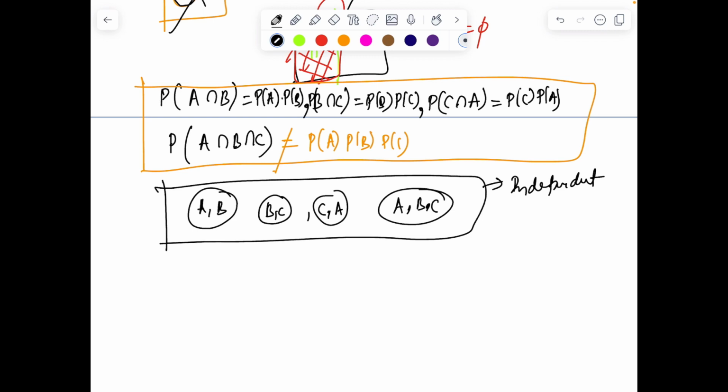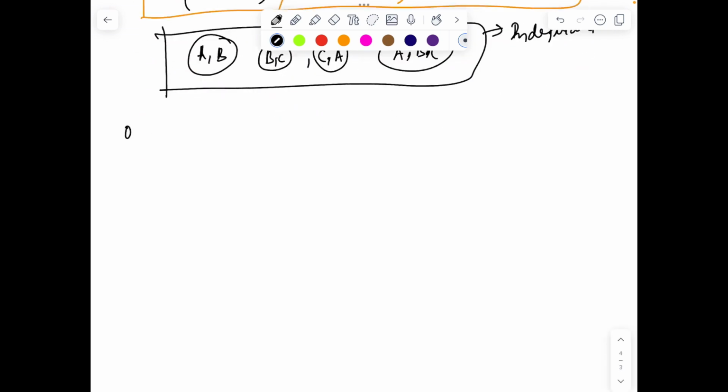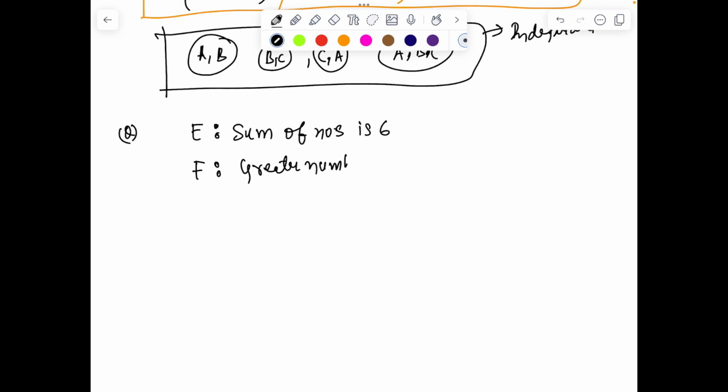Now it's time to take up one simple example. Suppose E be the event in which the sum of numbers on 2 throws of a dice is 6, and F be the event when the greater number is 4. Then check whether E and F are independent or not.